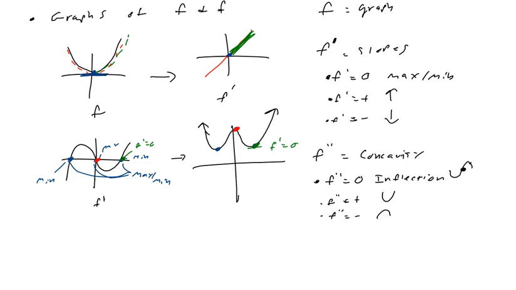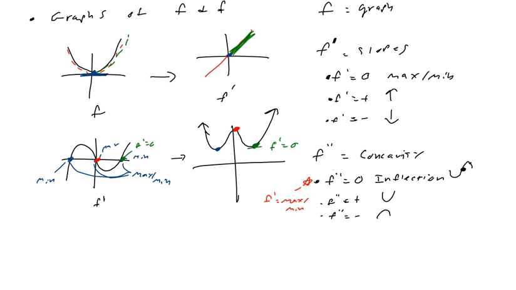Another key thing to remember about inflection points, I just want to point this out to you. I'll do this in red. Key thing about inflection points, these values here are where F prime is a max or a min. You have inflection points. The double derivative is 0, where the single derivative has a max or a min.